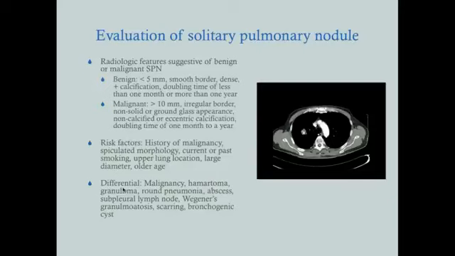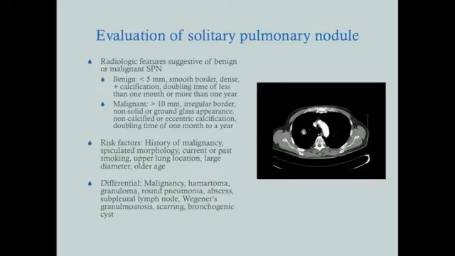The differential is vast for a solitary pulmonary nodule. Things like malignancies, non-small cell, small cell, carcinoma, lymphoma, and also the possibility of a solitary metastasis. Benign things can include hamartoma, as we had in this case. Also, arteriovenous malformations can show up as nodules, quote-unquote nodules, on chest x-ray.